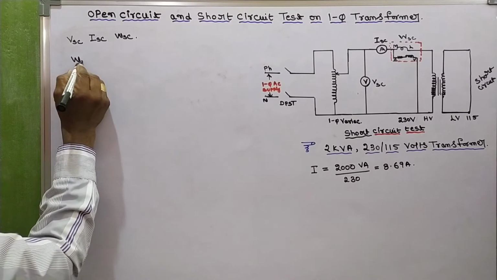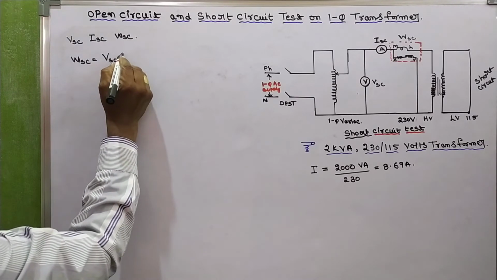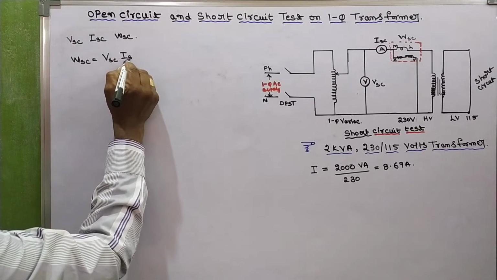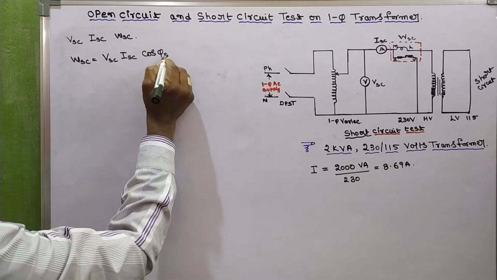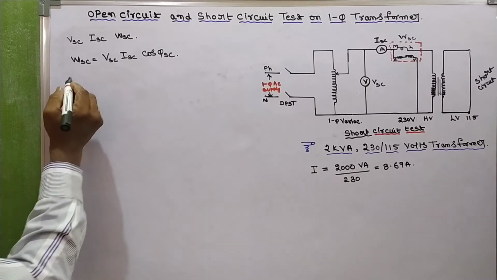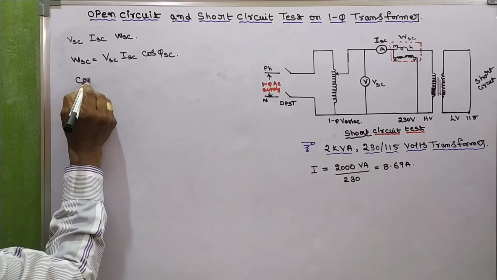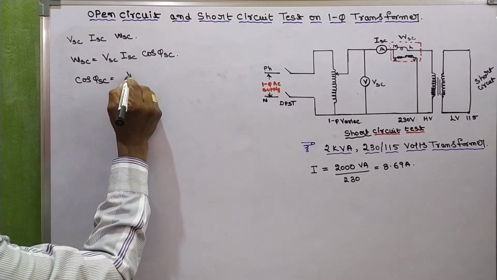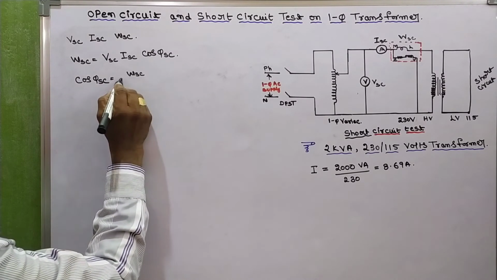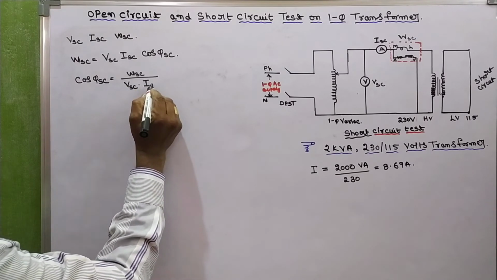WSC is equal to VSC ISC cos phi SC. So the short circuit power factor cos phi SC is equal to WSC by VSC into ISC.